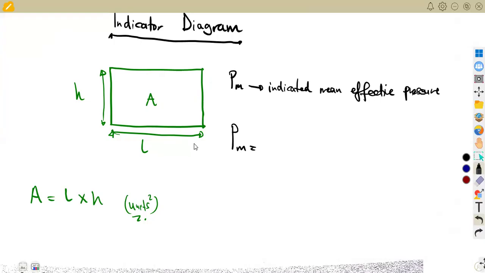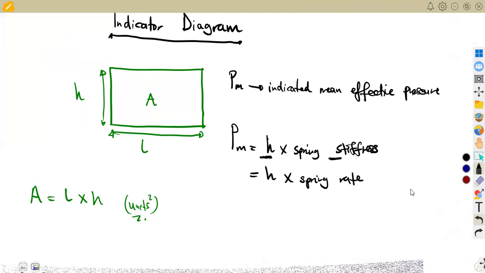PM is given from the spring stiffness, which is the spring rate. You'll be given the spring rate as pressure per a certain unit of length, the unit of the height you're given. So PM is the height times the spring rate, or the spring stiffness. This is the formula that we need.